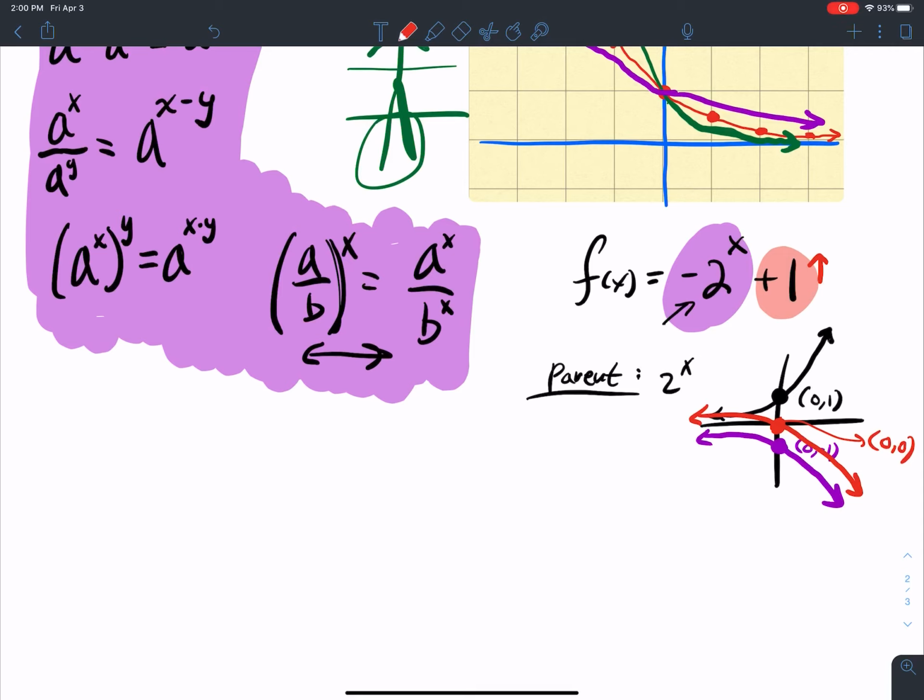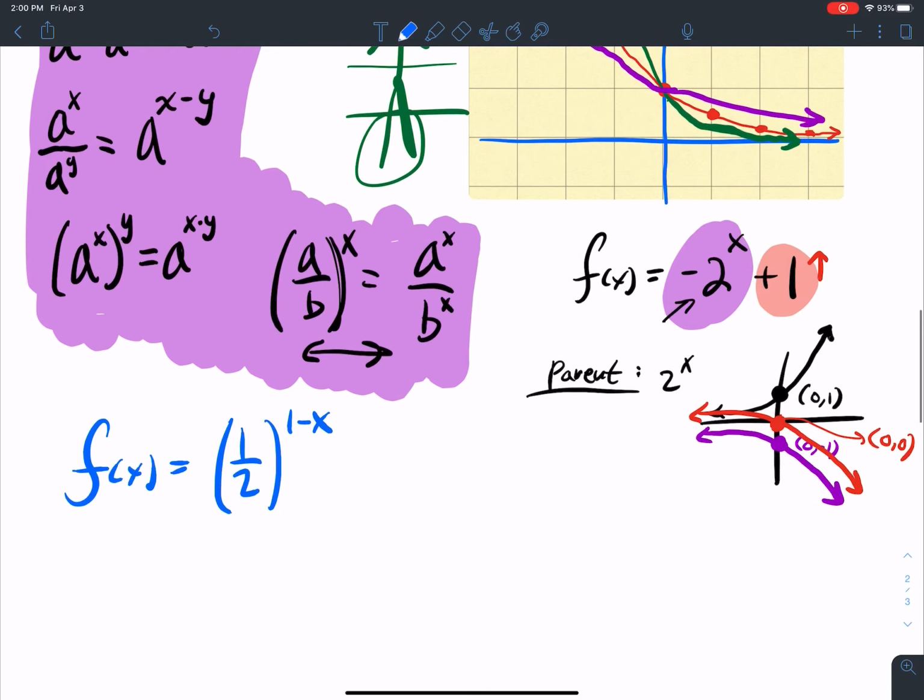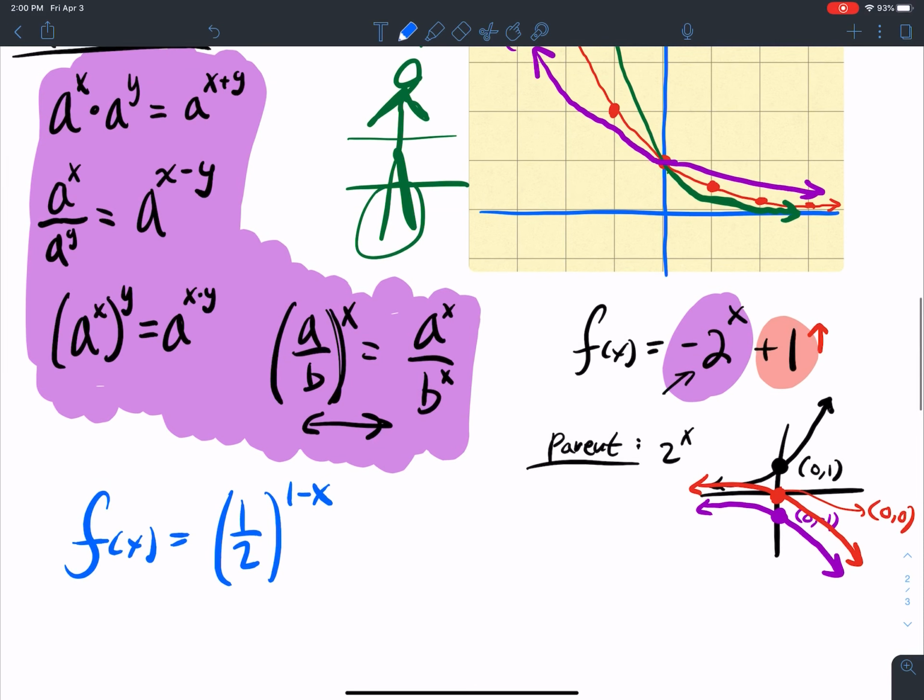Maybe I'll show you one more and then we'll end this video and we'll talk about a new concept. f of x equals 1/2 to the 1 minus x. Let's use some properties of exponents. This is 1/2 to the 1 times 1/2 to the negative x.